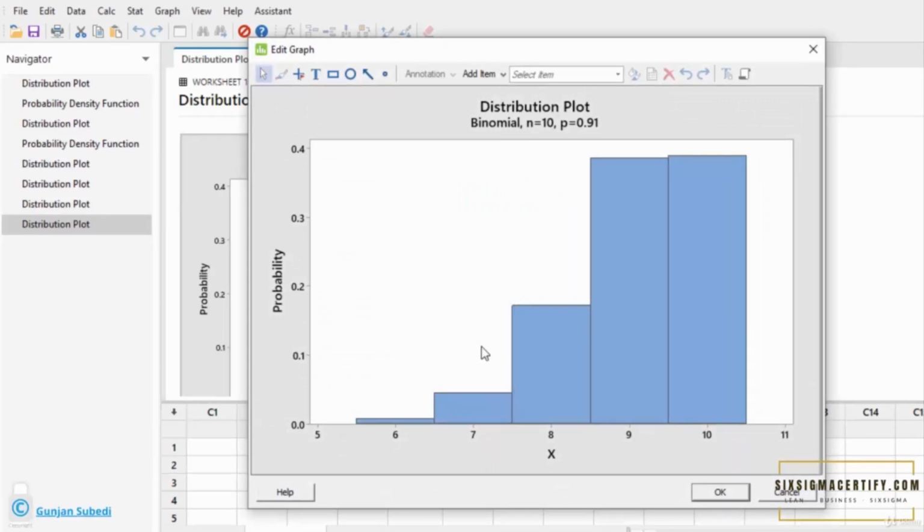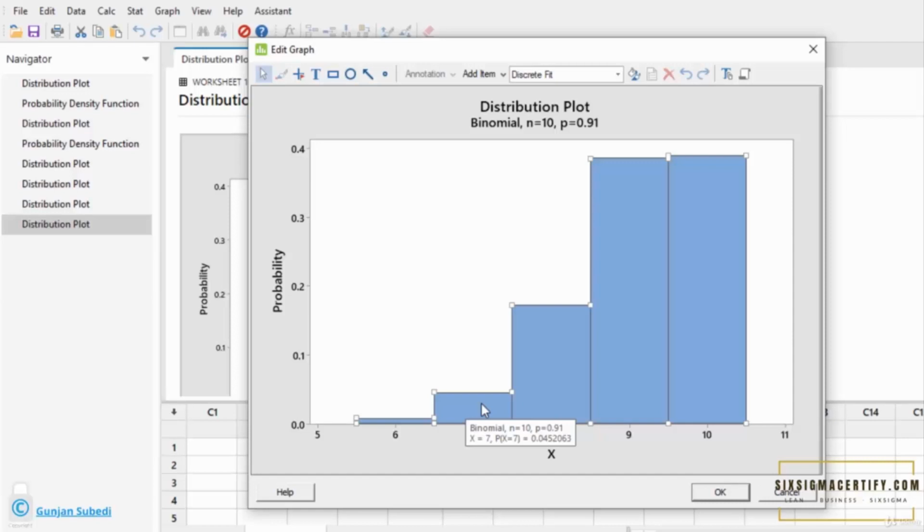So the problem was finding out the probability of landing of 7 flights in time. We click on the 7 and in this box we see that the probability is 0.045. So the probability of landing 7 planes on time is 0.045 or 4.5%.